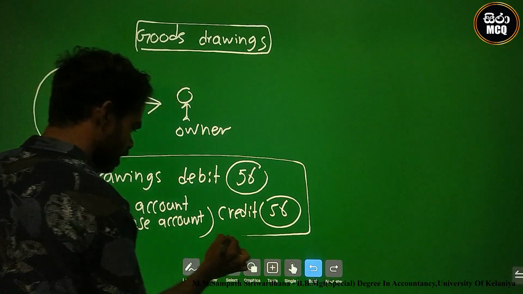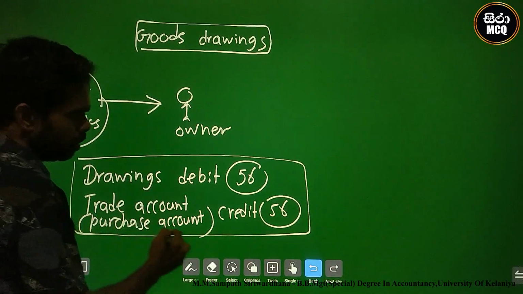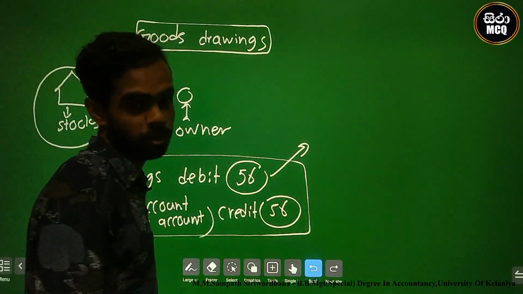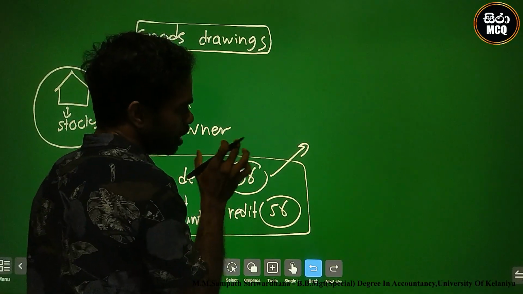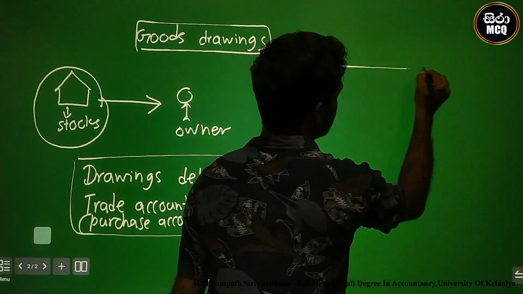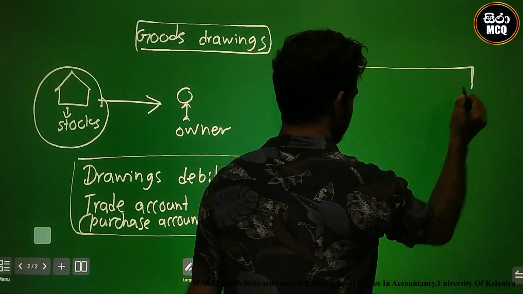What are the final destinations? Drawings debit means an equity account. There is an equity account in the SOFP, the statement of financial position.